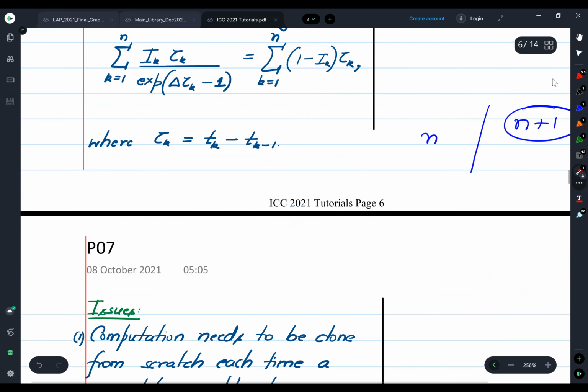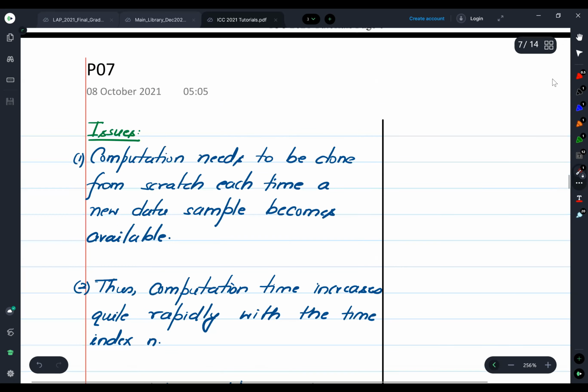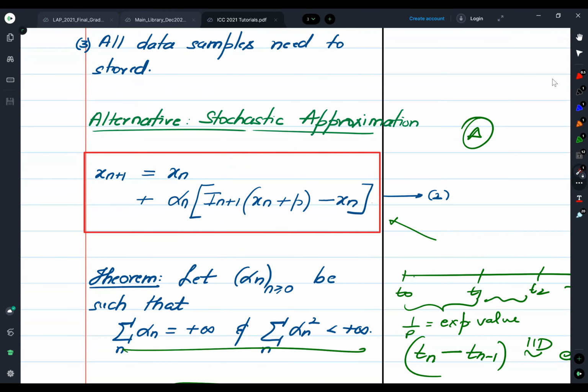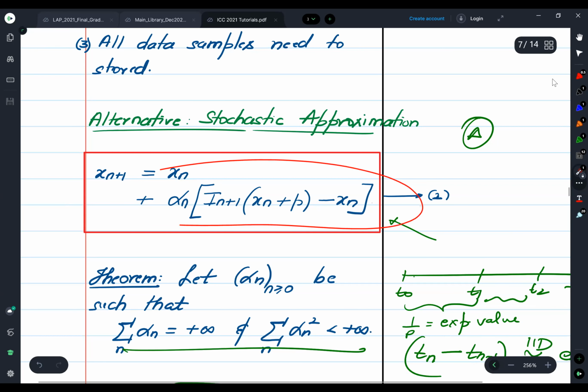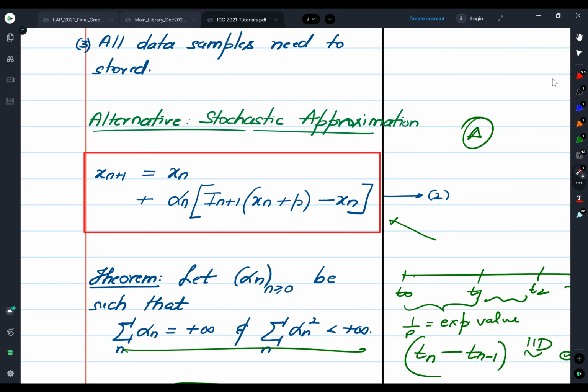On the other hand, we are claiming that using the principles or the theory of stochastic approximation, one can come up with a neat algorithm. This doesn't need these past values. On the other hand, implementing this algorithm is very efficient. Observe that the time required for each update is the same. It doesn't grow with n.